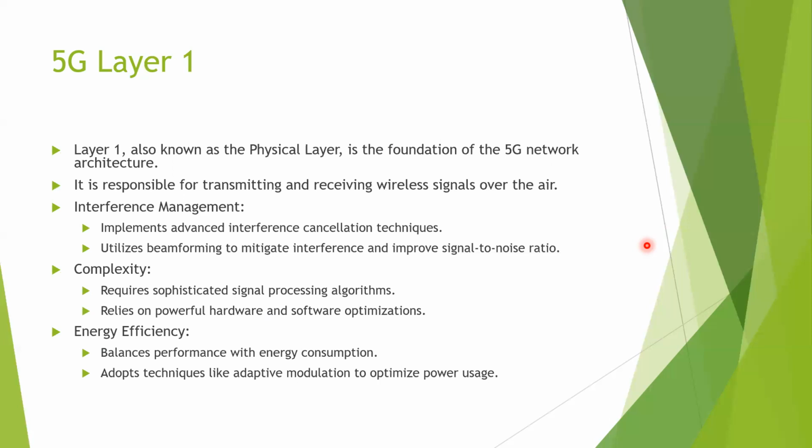Looking at the challenges and use cases, it focuses on interference management, which is about implementing advanced interference cancellation techniques and utilizing beamforming to mitigate interference and improve the signal to noise ratio.